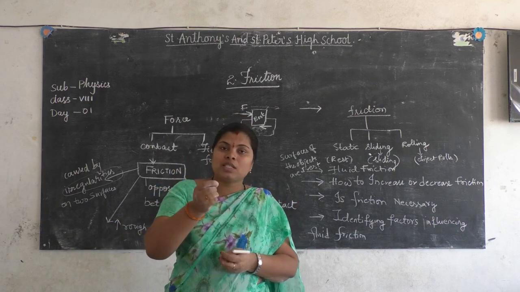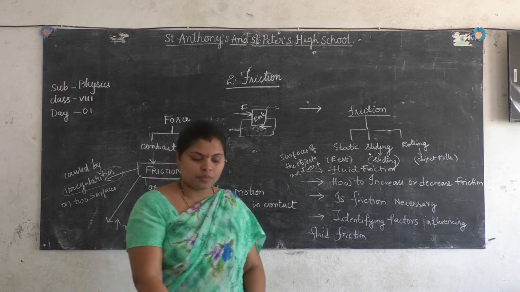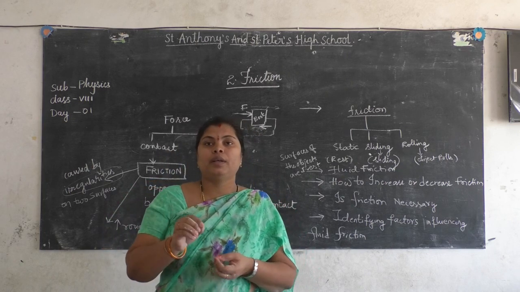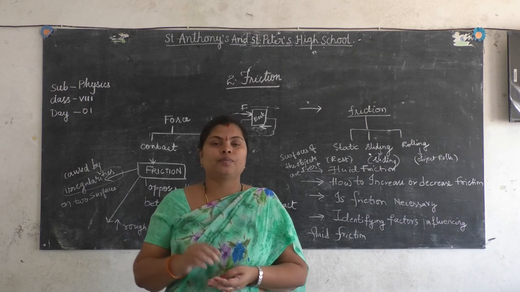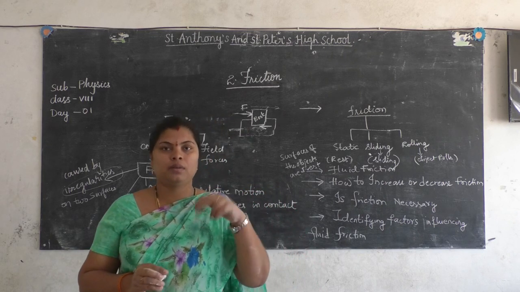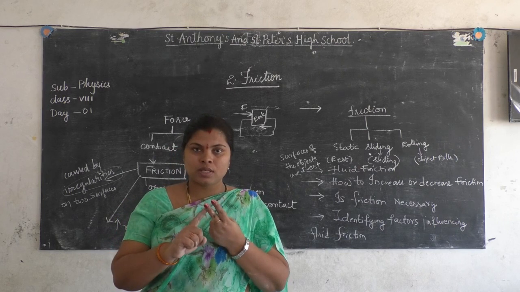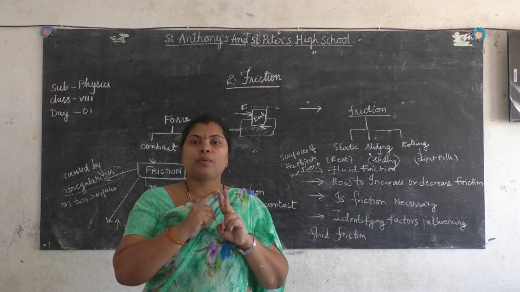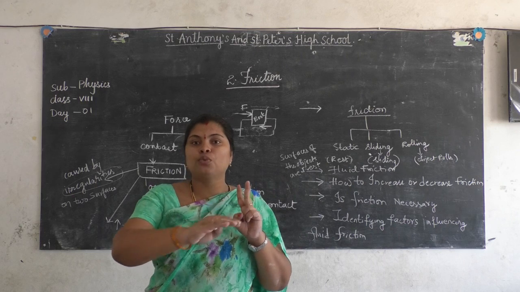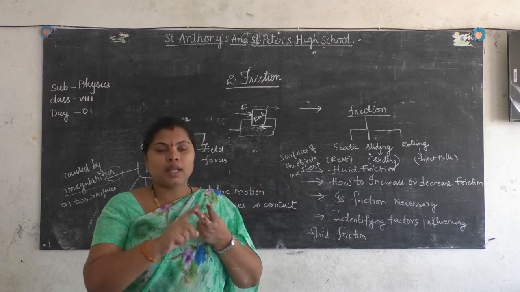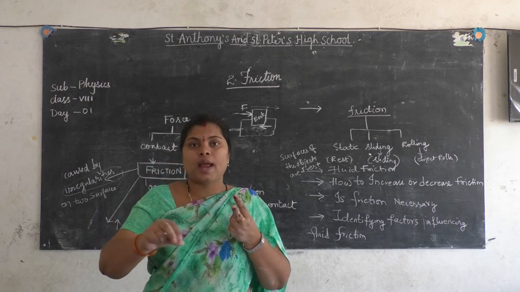But if I take the same marble and make it move in the sand, here I'll repeat it again. I am taking two marbles, making one marble move on the smooth marble floor and the other marble in the soil, sand.